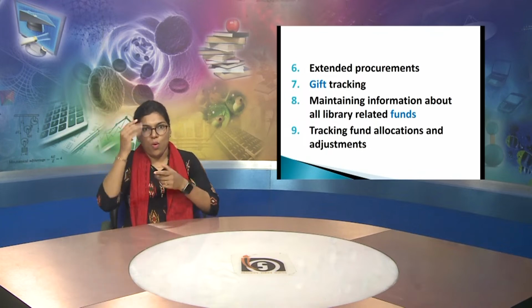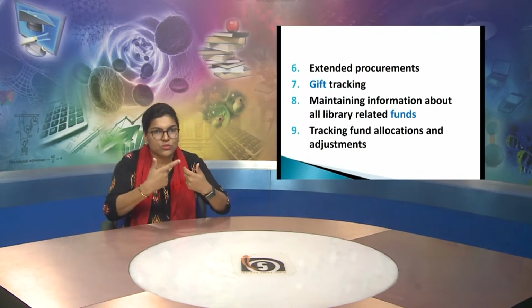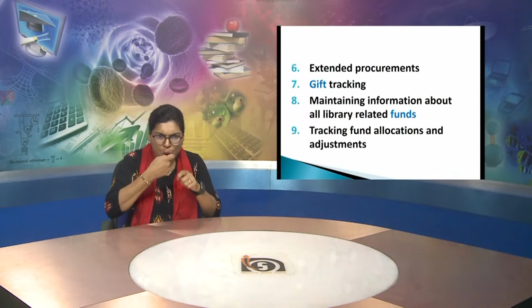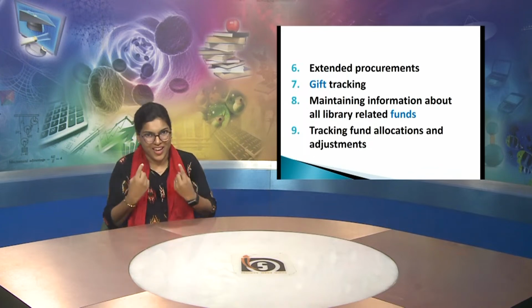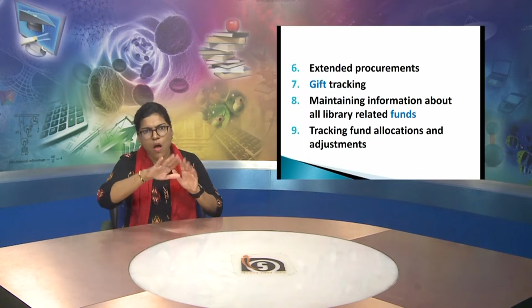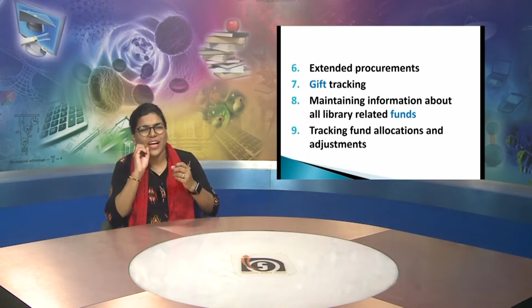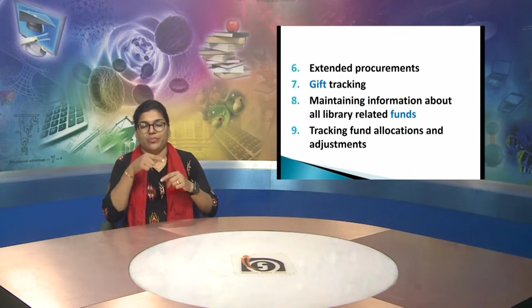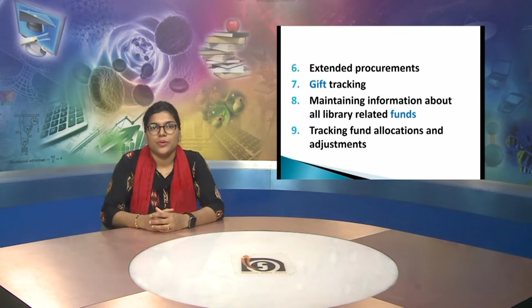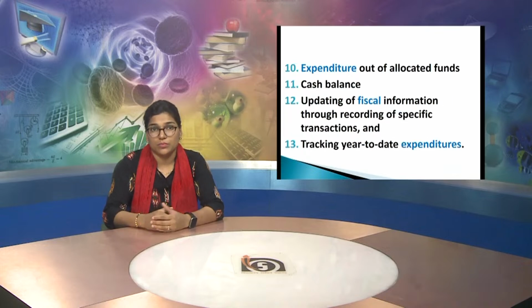Next point is tracking fund allocation and adjustment. Because in the library there is so much work which needs to be taken care of by the accounts department, that is why fund allocation can be done easily through the system.